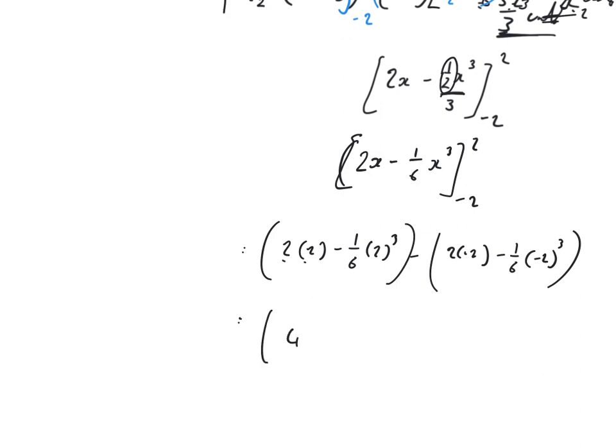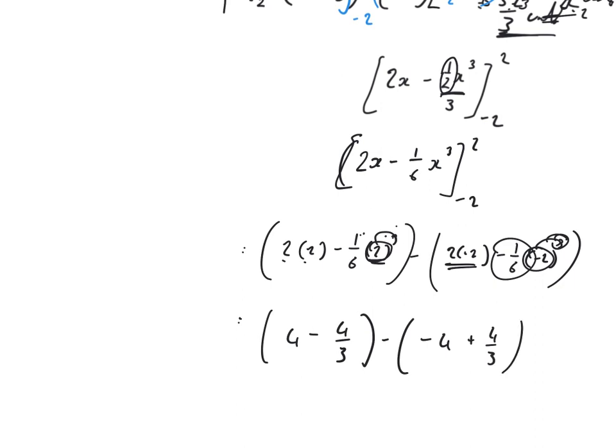2 lots of 2 is 4, 2 cubed is 8, so it's a 6 of 8, that's 8/6, that's 4/3, so I should just simplify that immediately. 2 lots of minus 2 is minus 4, minus 2 cubed is minus 8, minus 8 times minus a 6 is plus 8/6, plus 4/3 again.